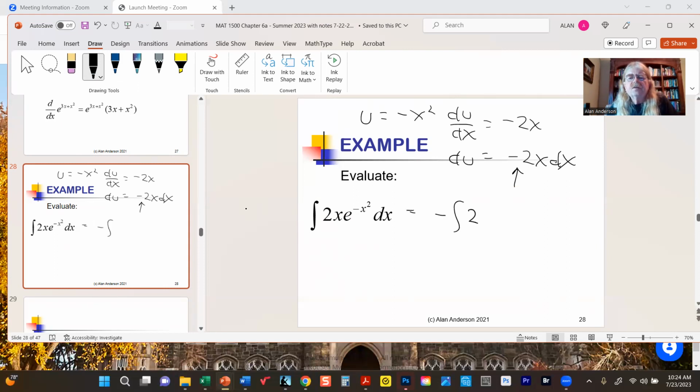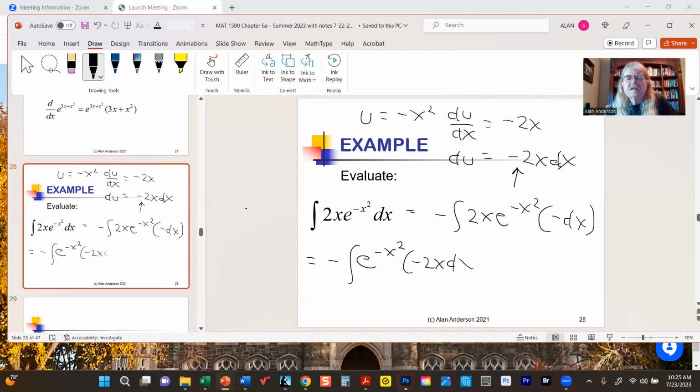minus 2x e to the minus x squared times minus dx, which I'd like to rewrite just to gather together all the terms that we need so you can see better what we're doing. So it's clear that this is du, and this is e to the u. Okay, so remember, don't forget this negative on the outside, though.